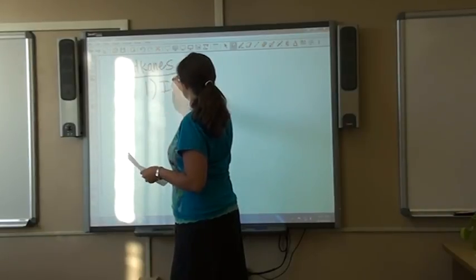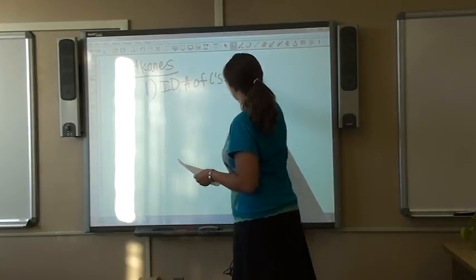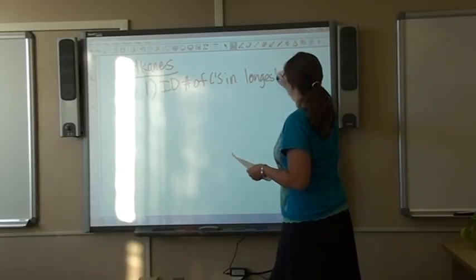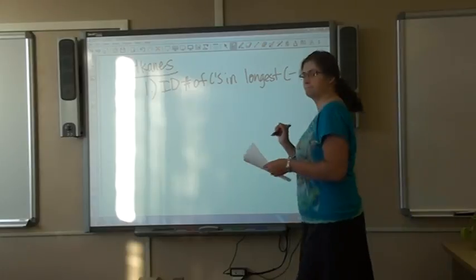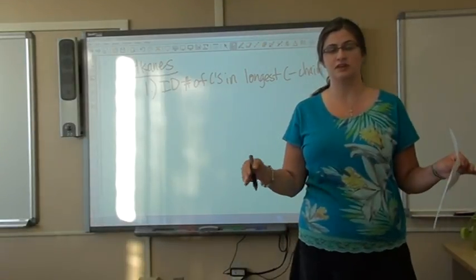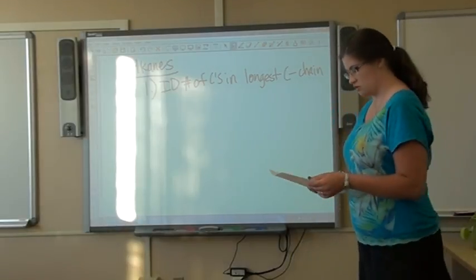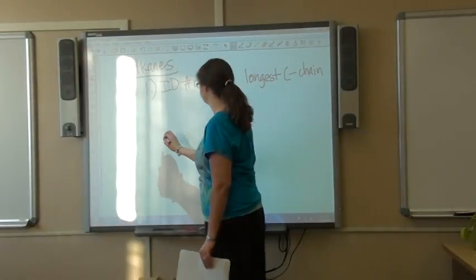Step 1 is to identify the number of carbons in the longest carbon chain. In order to have a carbon chain, you must have all carbons in a row, not broken up by any other type of element. Okay, so let's just do an example here.